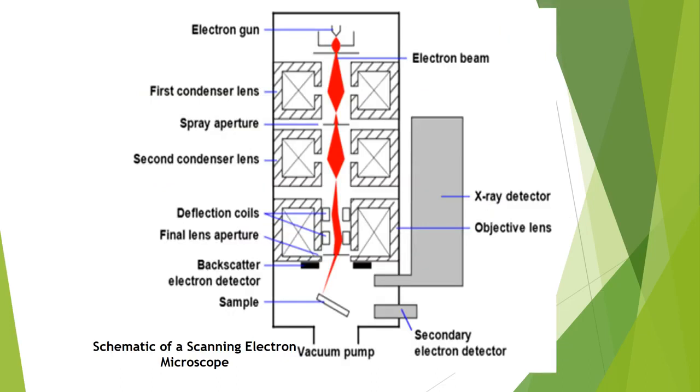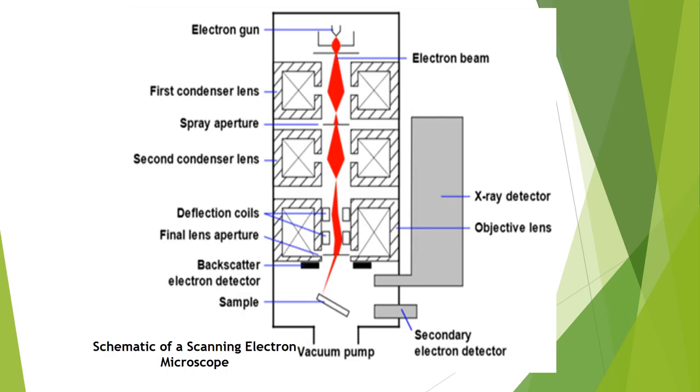Here is a schematic diagram of a scanning electron microscope, which starts with the electron gun which produces electron beams, and then there are condenser lenses located in the path of the electron beams, and then a spray aperture is also present after the condenser lens.